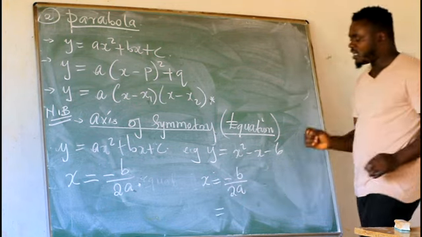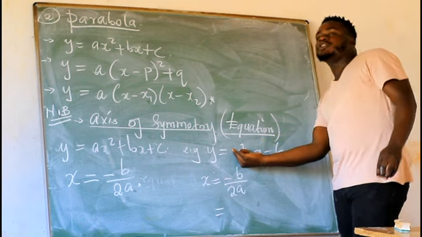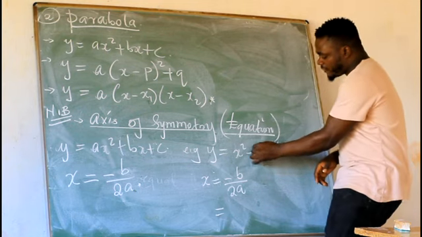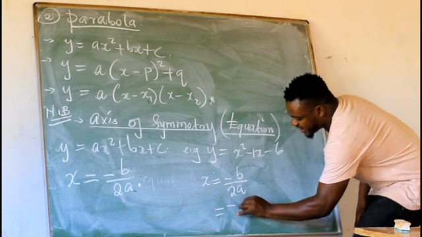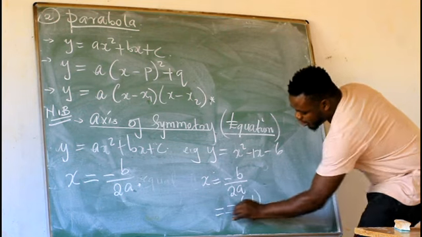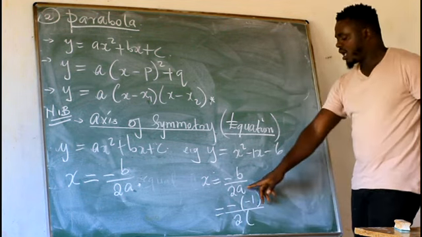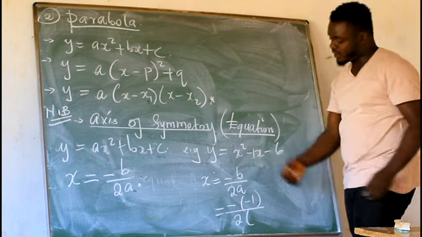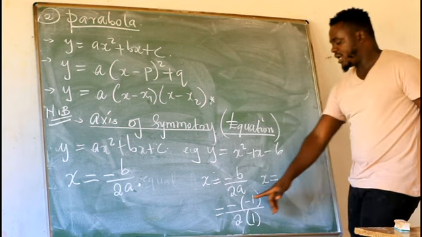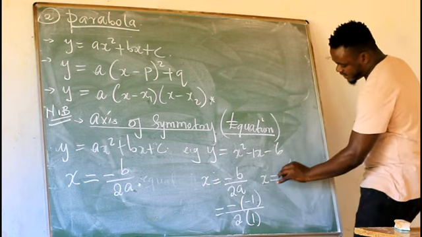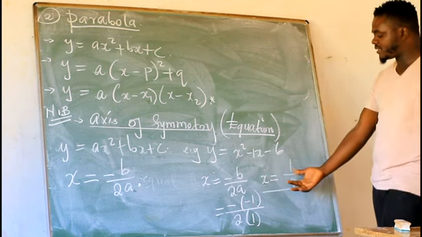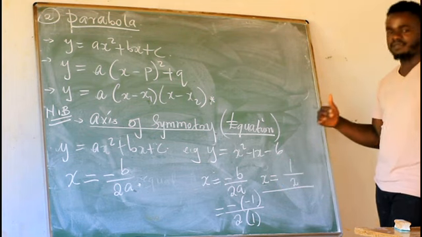The coefficient of x squared is 1, and the coefficient of x is negative 1. Therefore, b is negative 1 over 2 times a, where a is 1. So x equals negative times negative, which gives you positive 1, over 2 times 1, which is 2.